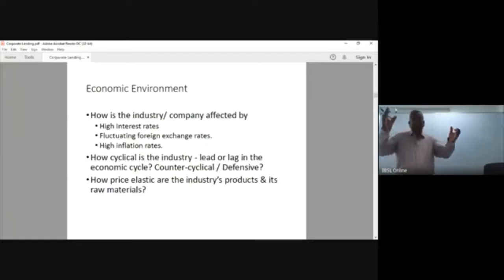The businesses or the industries won't be static always. There are ups and downs. Maybe some industries are growing, that is, increasing the GDP, and it may go to a top.